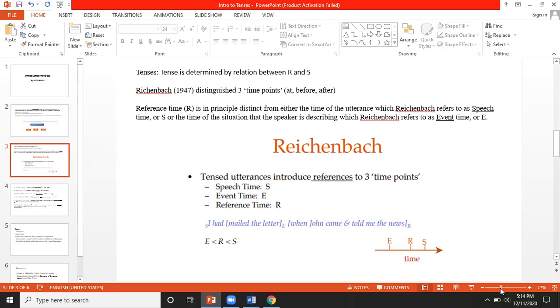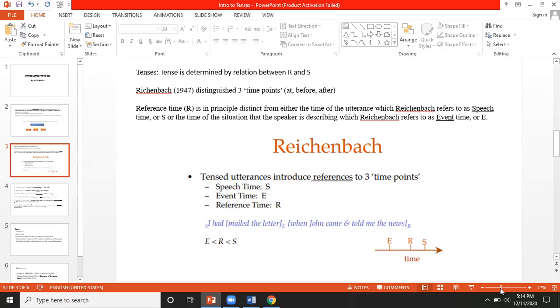According to Reichenbach, tense is determined by the relation between reference time, R, and speech time, S. He introduced the three time points which can be summarized in our understanding using at, before, and after. In the sentence, I had mailed the letter when John came and told me the news, mailed the letter is the event time, while when John came and told me the news is the reference time.